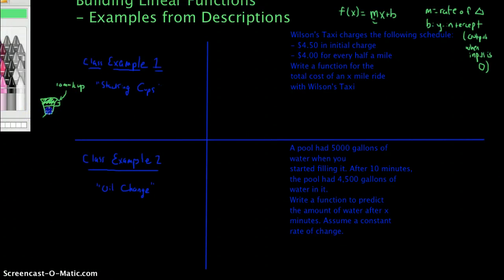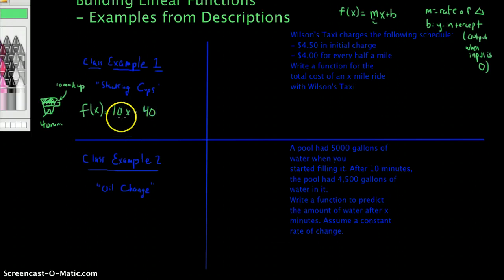And the bottom part, the rim of the cup, was 40 millimeters. So our function rule, this is our y-intercept. When we have no cups, we just have this one base. Our function looks like this: mx, so 10 times the number of cups, plus 40.